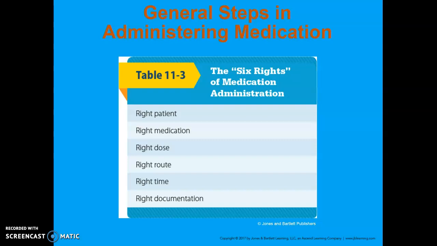Typically in the field, we're only going to have 1, maybe 2 patients overall that are going to need medications at the BLS level. Once we get up into advanced life support, we might have several patients that require medication just because they can administer more medications in the ALS setting. But BLS, typically you're not going to have a huge group of people that are going to require medication.